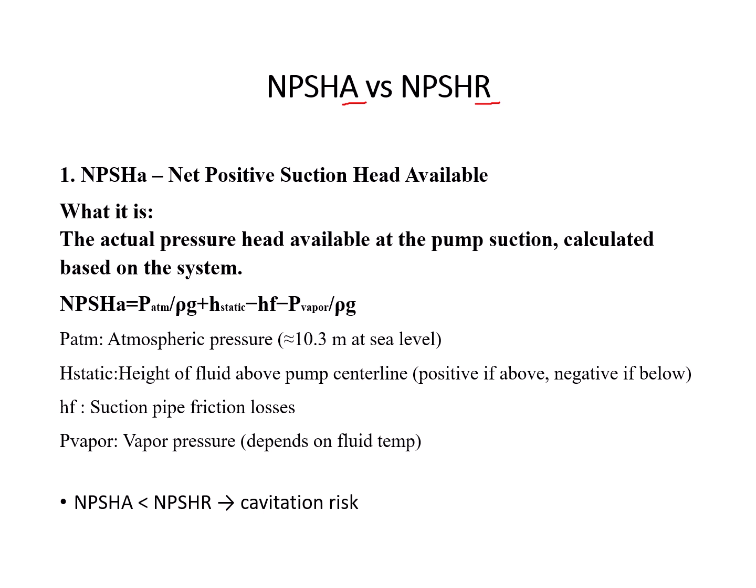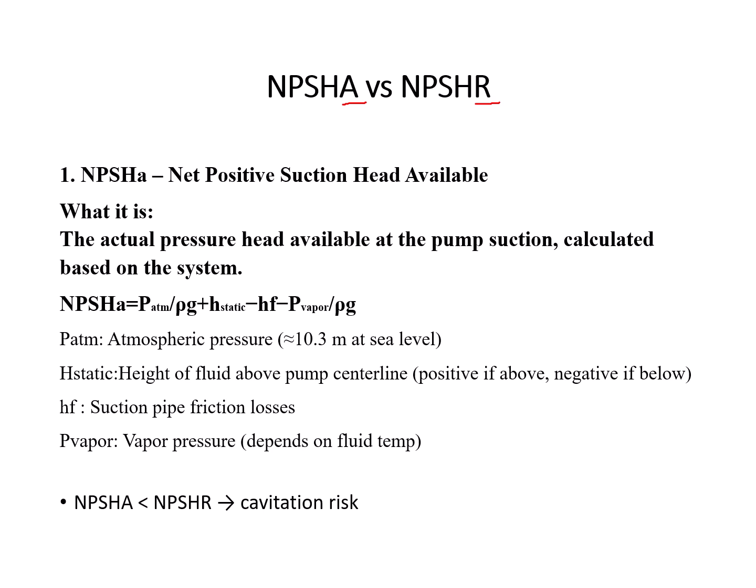Net positive suction head available is calculated with this formula: atmospheric pressure plus static pressure minus loss pressure, or friction pressure, and the vapor pressure.